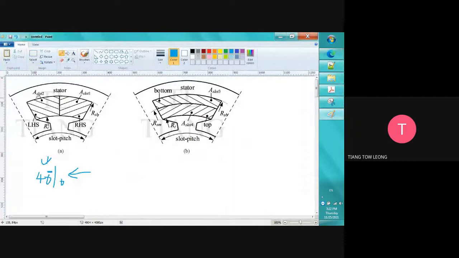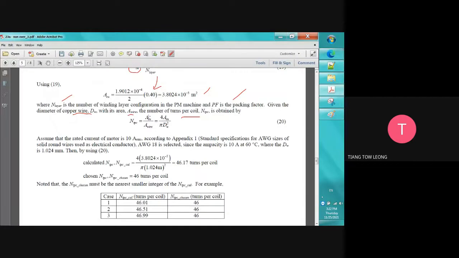Number of turns per coil, which means in this side, how many coils do we have? For example, we have 1, 2, 3, 4 coils. So same as well here, we need to use the total area of copper divided by the wire.